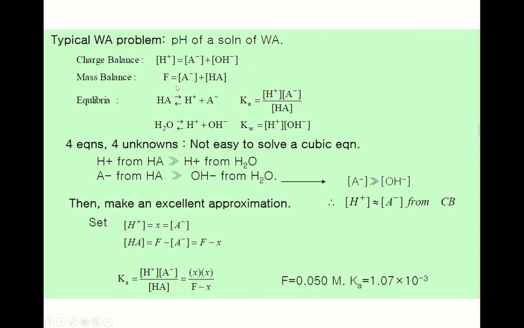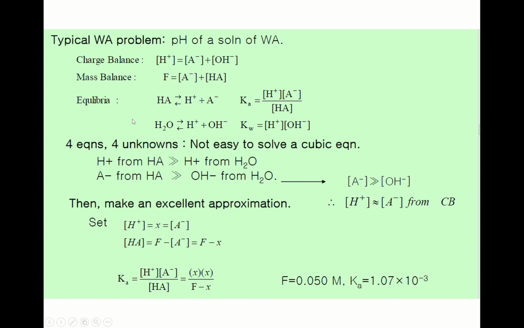There is only one positive species, the proton, and two negatively charged species, the anion A minus and hydroxide ion. This is a simple charge balance equation. The mass balance equation comes from the formal concentration: F, the total concentration of this acid, equals the sum of A minus and HA.